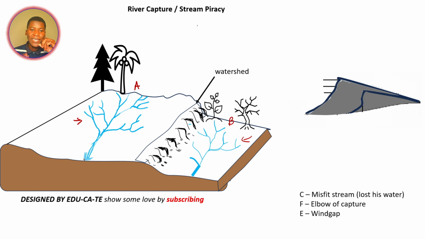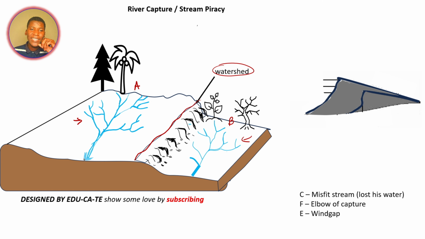Remember that two rivers are separated, or two drainage basins are separated by a watershed. So this higher lying area, or this hilly like place between these two rivers, is known as the watershed. So the watershed basically separates two drainage basins, or it basically separates two rivers.